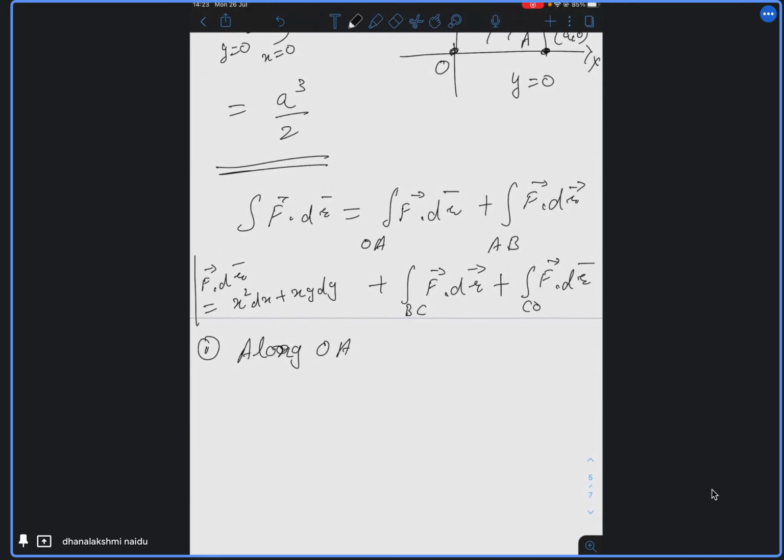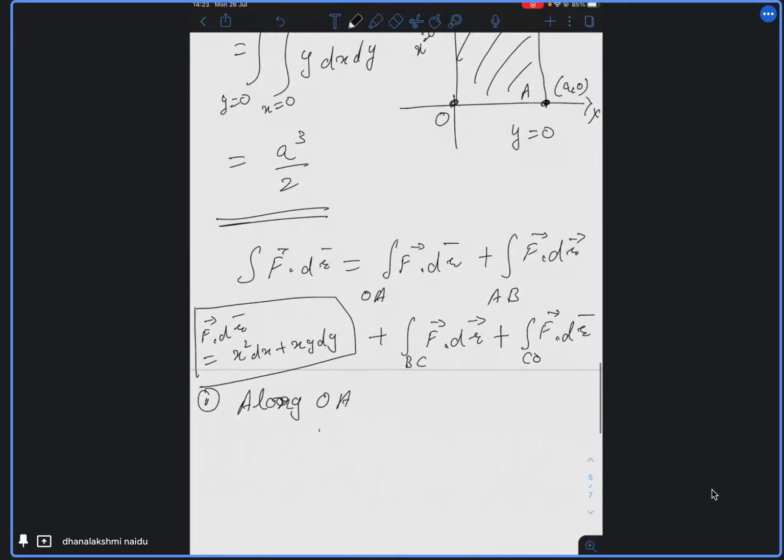So x square dx plus xy dy is your f bar dot dr bar, and here itself we will make all the changes while integrating along OA. Along OA, y is 0. We don't require z, it will be 0 only. And since y is 0, dy will also be 0, and dz is also 0. Here I'm not mentioning any z terms throughout all these four integrals, because there is no z term at all in the function.